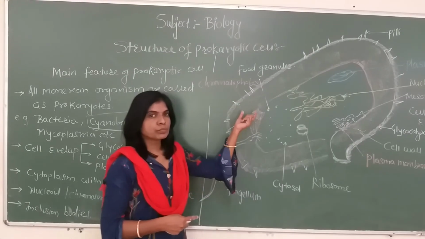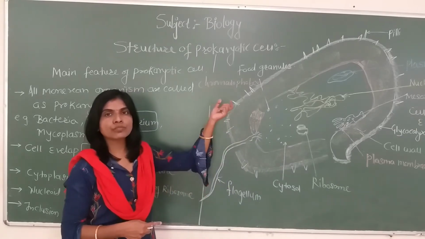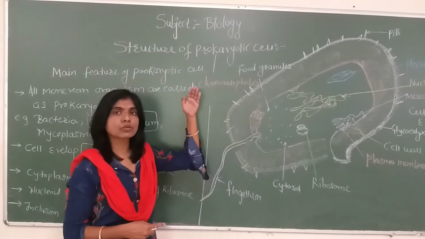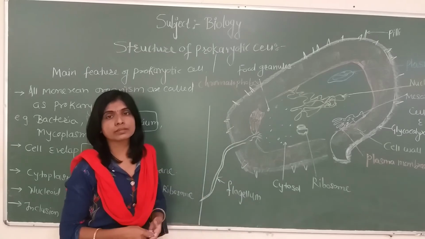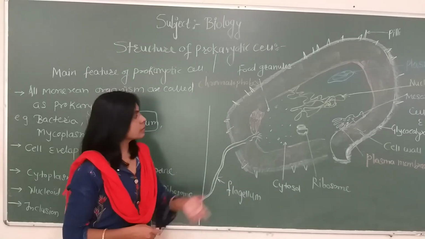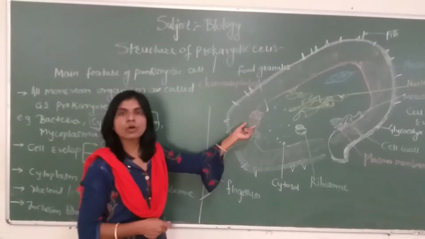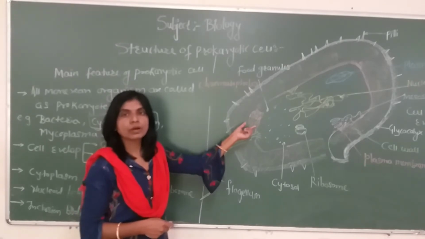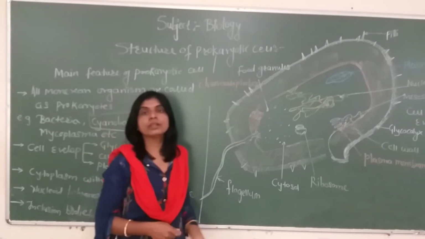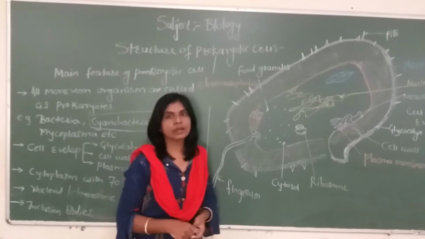Such infoldings are called chromatophores, which become the ancestor of the chloroplast of the higher plant cell or eukaryotic cell. Okay, so this is not common in all prokaryotes. It is found only in autotrophic prokaryotes. Example, cyanobacterium or blue-green algae.